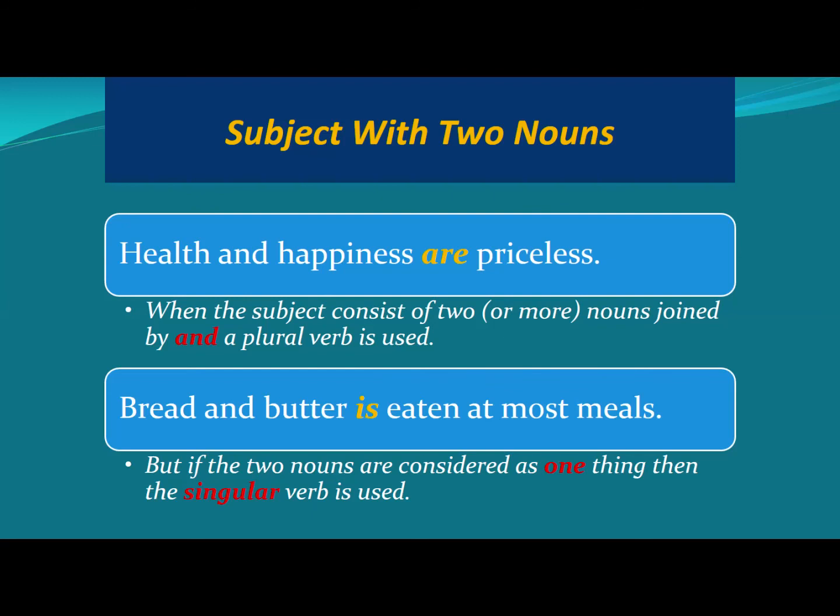Health and happiness are priceless. When the subject consists of two or more nouns joined by and, a plural verb is used.